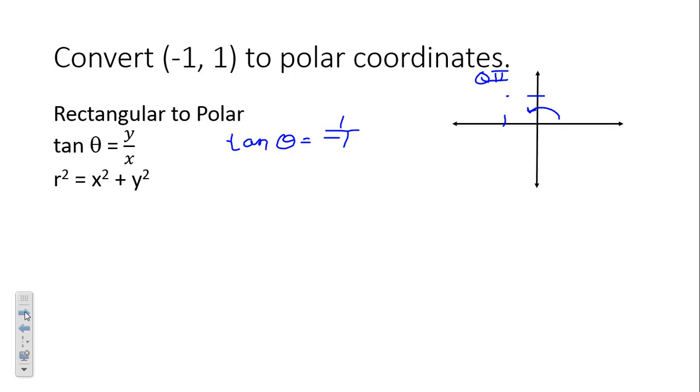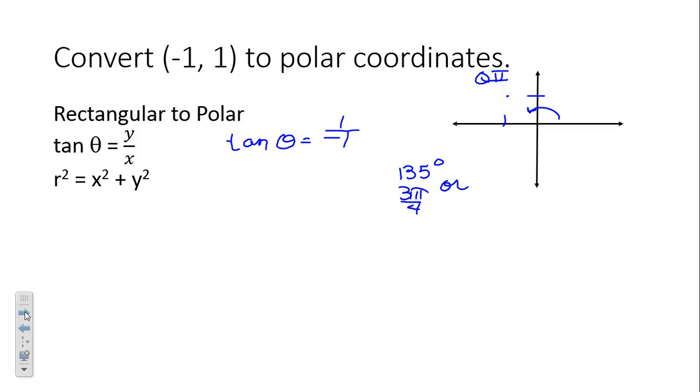If you want to think of it in terms of degrees, what would it be in radians? 3 pi over 4. I didn't specify which one it has to be in. You can have polar coordinates in degrees or radians. So this is 135 degrees, or 3 pi over 4.